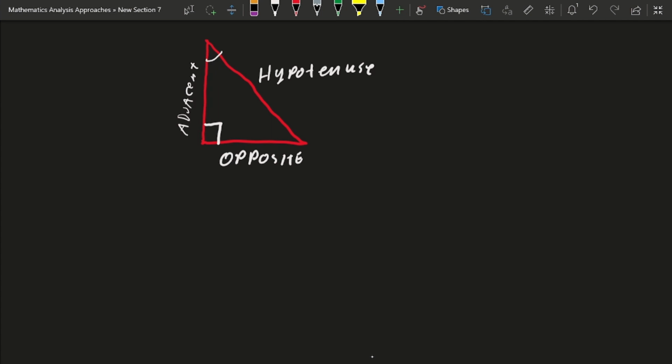So, now that we know the sides hypotenuse, opposite and adjacent, we can take a look into sine, cosine, and tangent. In short, sin, cos, tan.